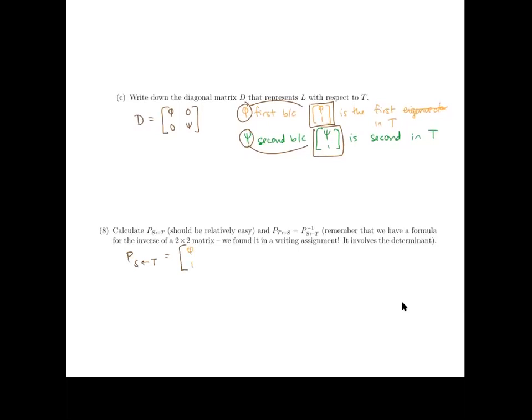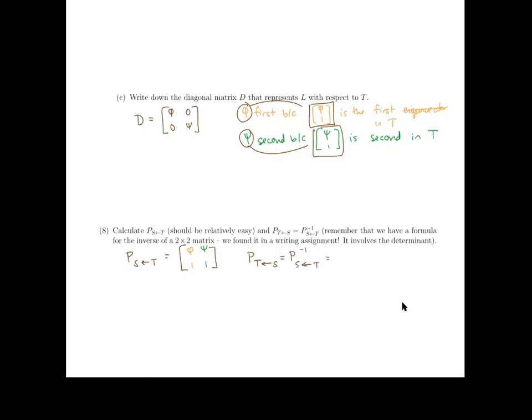So I'll color code them as I put them in here. And in order to find the inverse of this thing, we know that changing the basis back is essentially just undoing what we did. It should be like multiplying by the identity matrix in the first place. So what this is going to be is the inverse of this guy.